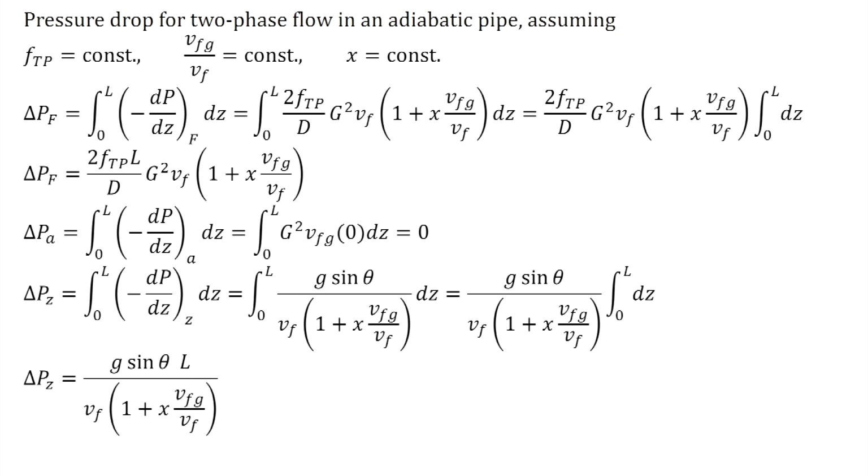The gravitational pressure drop is equal to the integral of the gravitational pressure gradient, and everything comes out of the integral sign, and we have only 0 to L integral dz, which is equal to L. So, we get delta Pz equal to g sin theta L upon Vf, 1 plus x Vfg by Vf.